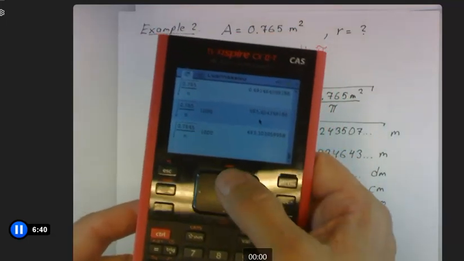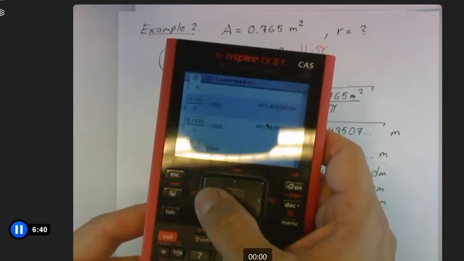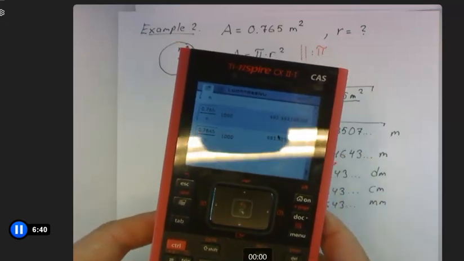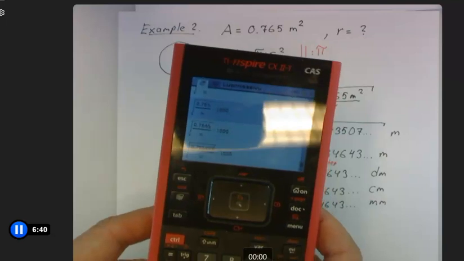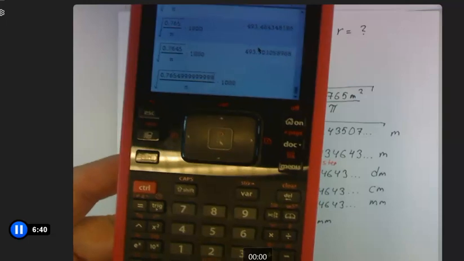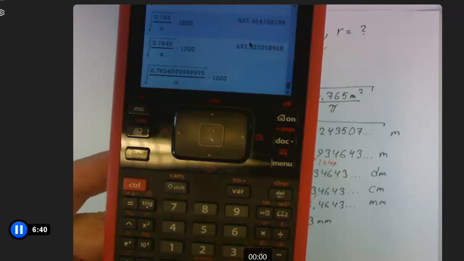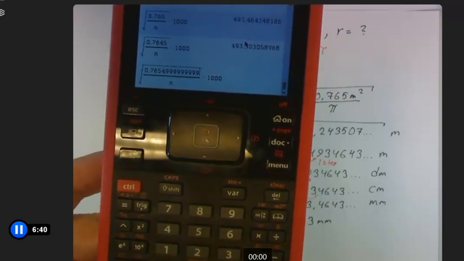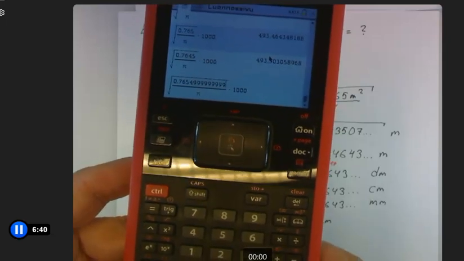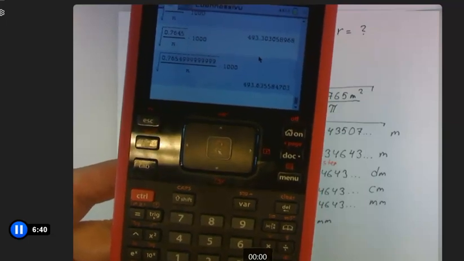And the same if I change the value there, it would be 0.7654999. This is also a value for area which would be rounded to 0.765. And if I calculate the radius with that value, I also get 493.6.